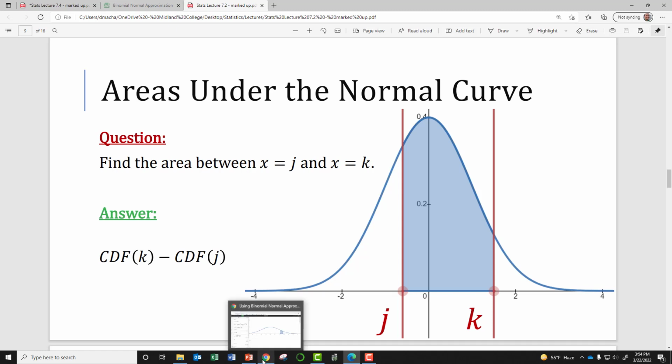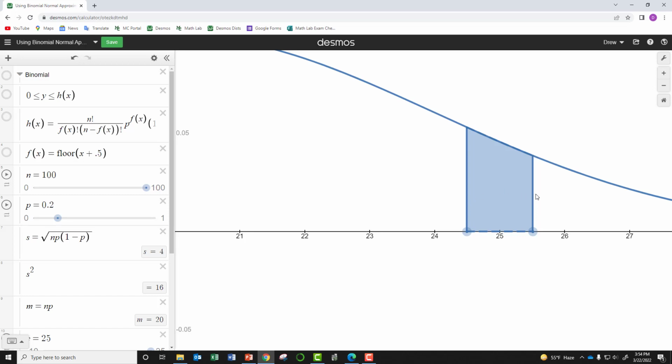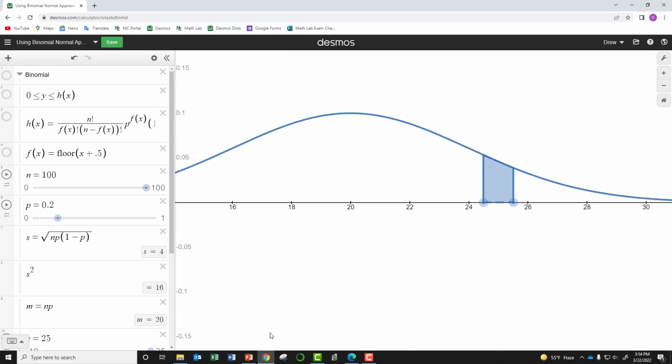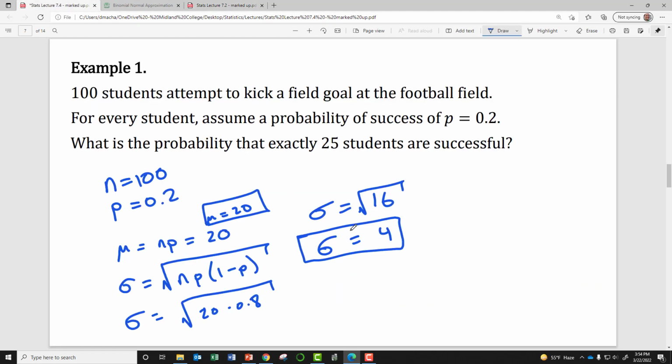So going back to our problem, where I'm trying to find the area between 24.5 and 25.5 under my normal curve, that's the strategy I'm going to refer to, taking the difference between these CDFs. So this is going to be the CDF evaluated at 25.5 minus the normal distribution CDF evaluated at 24.5.